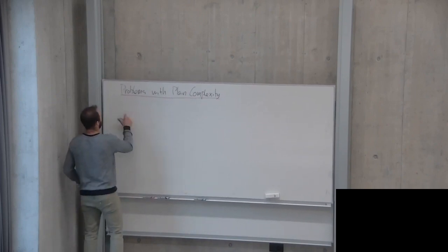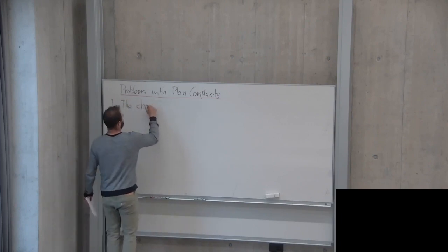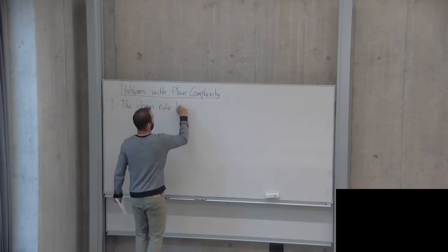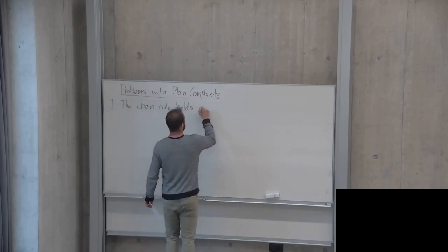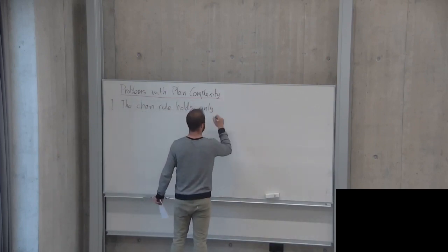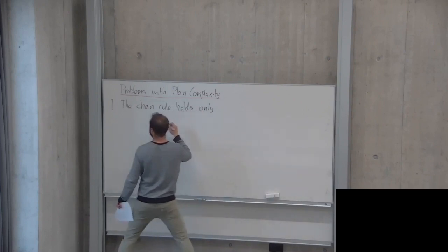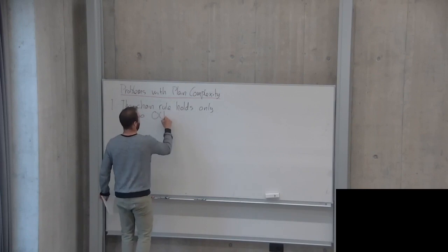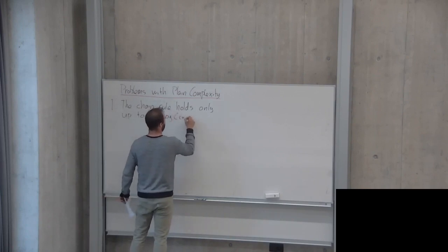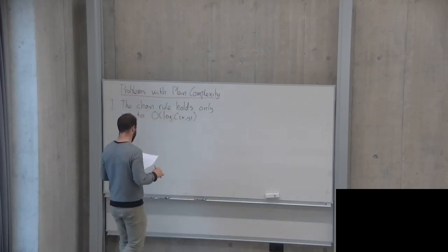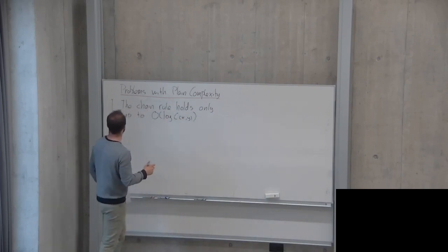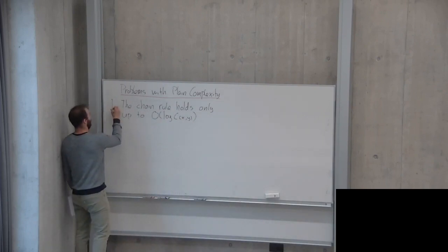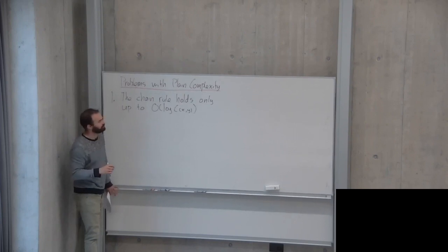One of them: the chain rule holds only up to O of log of C of X and Y. It would be elegant to have a tight chain rule.